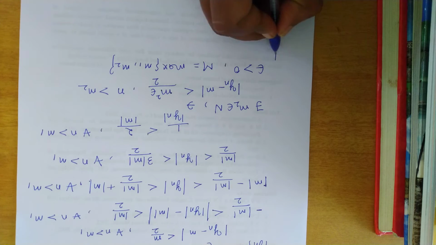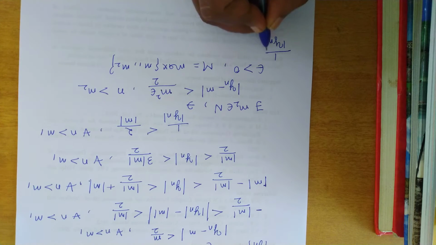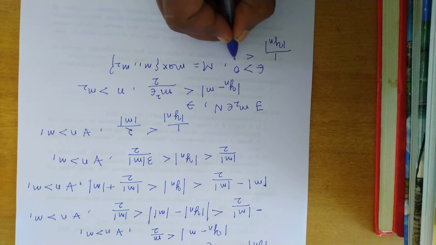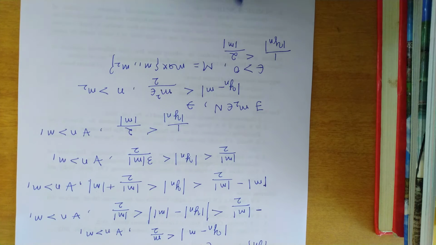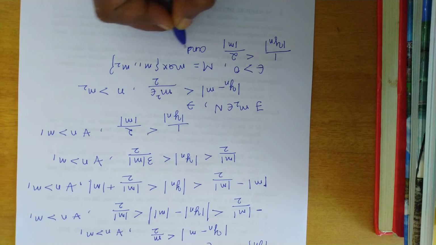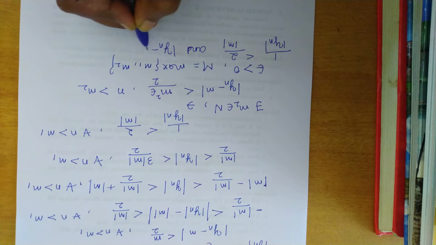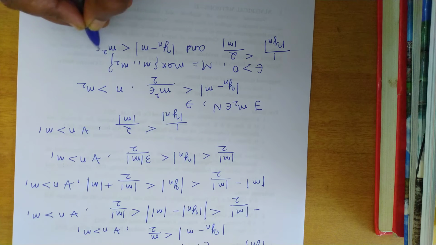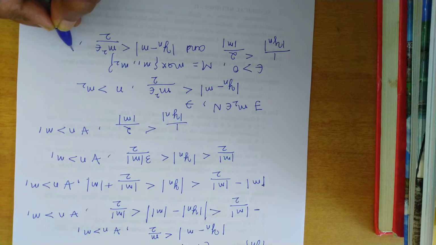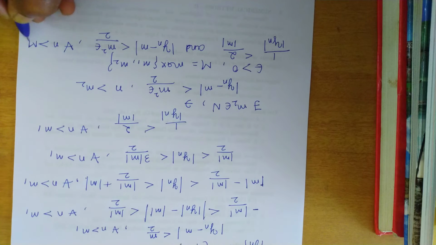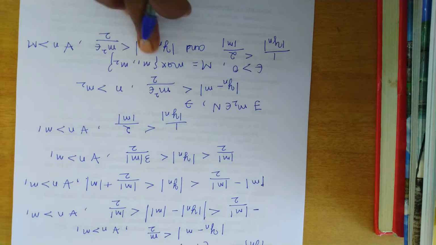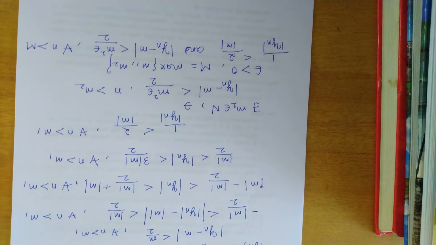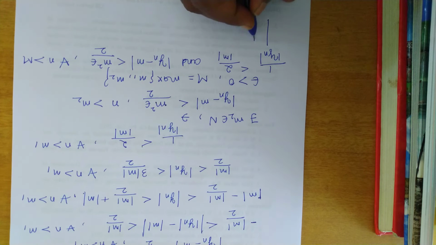Okay, now 1 by modulus of yn is less than 2 by modulus of m, and the other quantity is modulus of yn minus m is less than m square epsilon by 2. This is for all n greater than M, since we are choosing M as the max of m1 and m2. So now let me consider 1 by yn minus 1 by m.